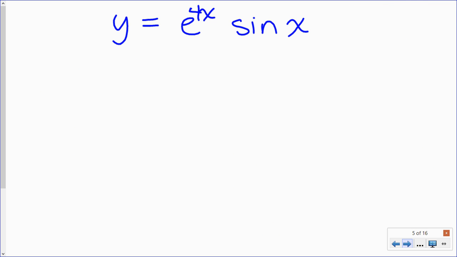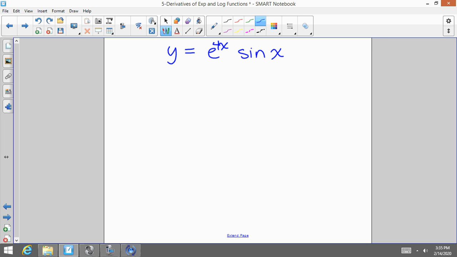All right, I just wanted to show you one example where we're dealing with a trig function. So here we have e to the 4x power times sine of x. We're going to have to use product rule because we're multiplying two functions.